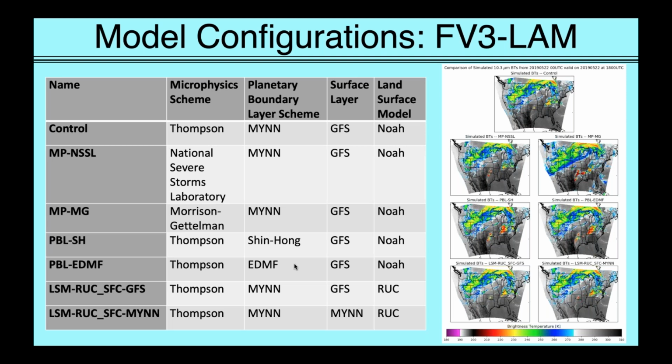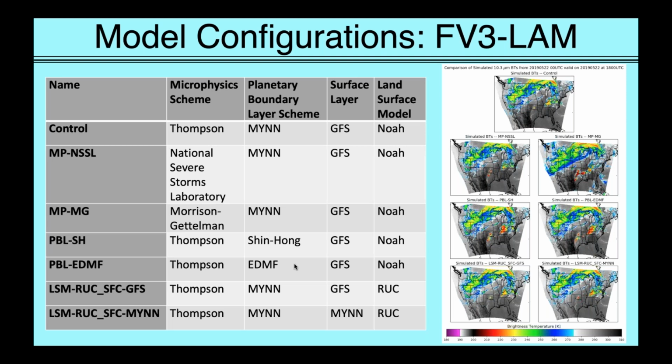So we have the MP-NSSL model, which is the same as the control model, but we're using the National Severe Storms Laboratory microphysics scheme instead of the Thompson microphysics scheme. Our MP-MG model uses the Morrison-Gettelman microphysics scheme compared to the Thompson microphysics scheme. So all of these names try to correlate to what the difference is from the control.